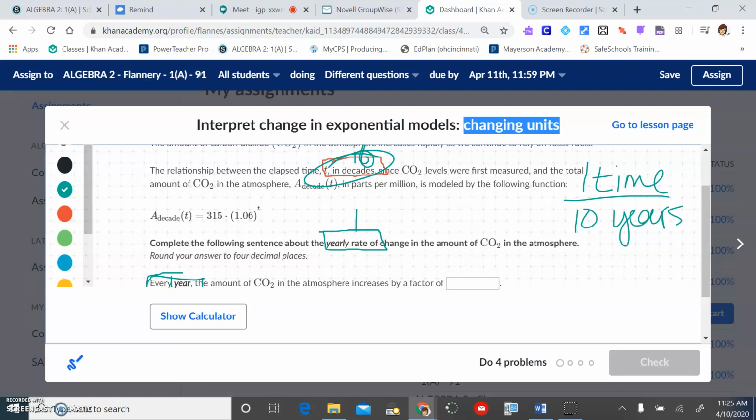One time every 10 years, one time every decade. So when they ask about what would the rate be for every 1 year, down here, every 1 year, then really what we're dealing with here is 315 times 1.06 and then 1/10 of t.